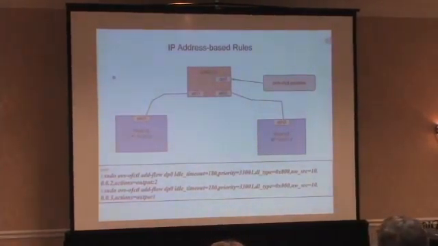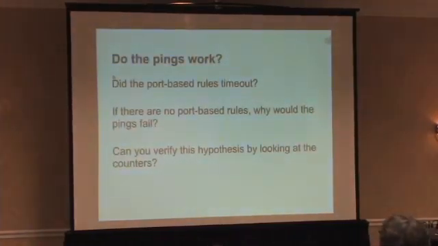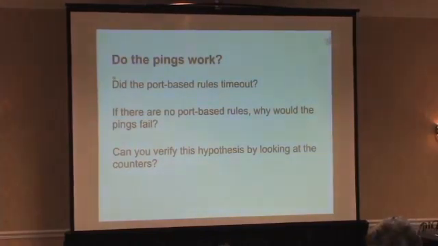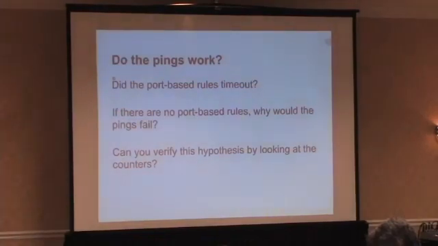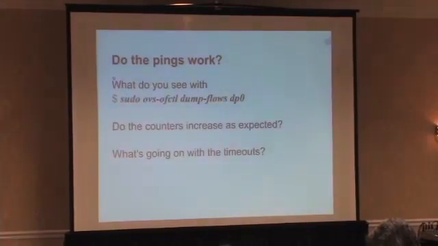So if you did the dump-flows, the port-based rules wouldn't be there anymore. And if the entries that forward based on port, not on IP address, disappear, then when host 2 sends an ARP for host 3, it sends a broadcast packet to the switch, and the switch doesn't have a connection to a controller, so it can't send that to the controller, so the switch just drops that packet.